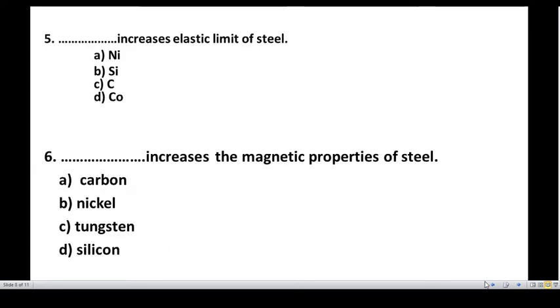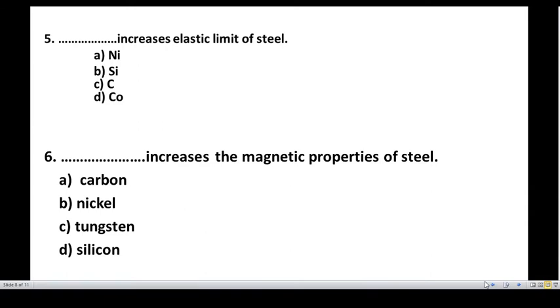And coming to the fifth question, dash increases the elastic limit of steel. The options are nickel, silicon, carbon and cobalt, and the correct answer is nickel. It is because it reduces the ductility and increases the elastic limit. So nickel is the correct answer.